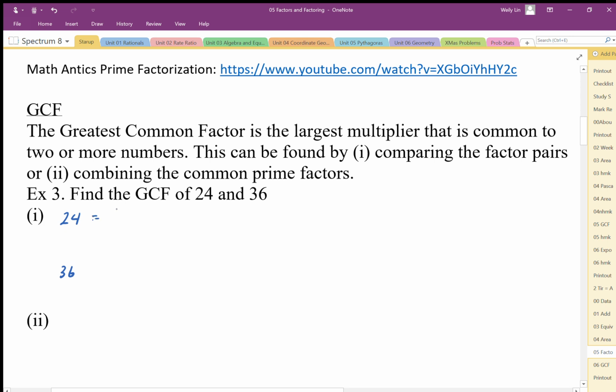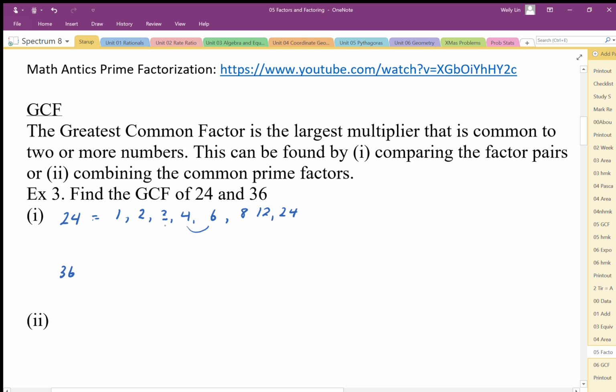The factor pairs would be 1 and 24. Actually, I'm going to list them from biggest to smallest: 2 and 12, 3 and 8, 4 and 6.